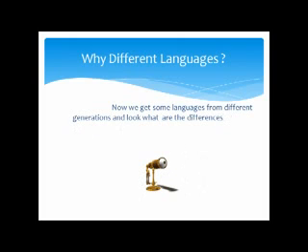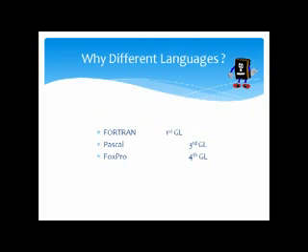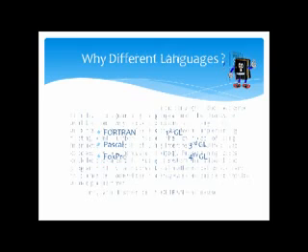Now we take some languages from different generations and look at what the differences are. You can see Fortran is a first generation language, Pascal was a third generation language, and Foxtrot is a fourth generation language.